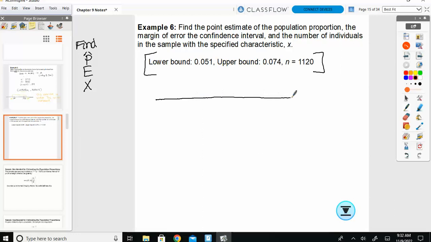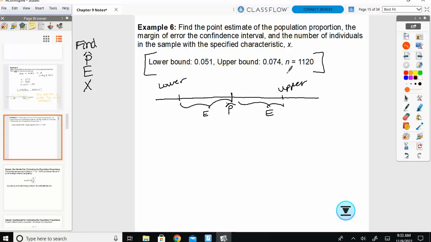So in this, we know that when we build a confidence interval, it's centered around your proportion. If you take your proportion and subtract your error, you get the lower bound. If you take your proportion and add the error to it, you get the upper bound.